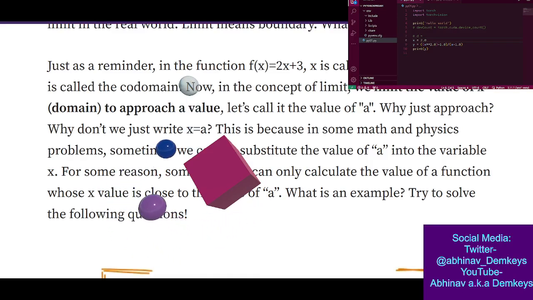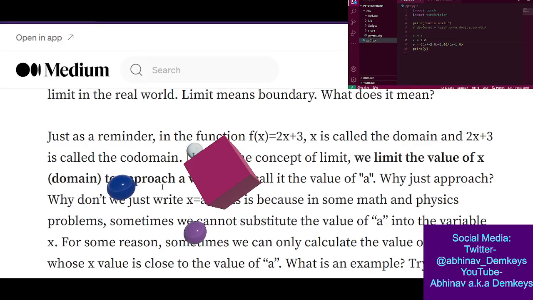Yesterday we started learning calculus, right? But then I had to take a slight detour from calculus to learn some more basic things like slopes, how to calculate the slope of a line, and that was interesting.